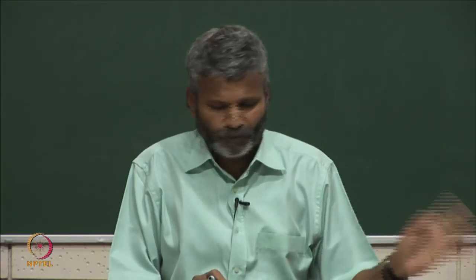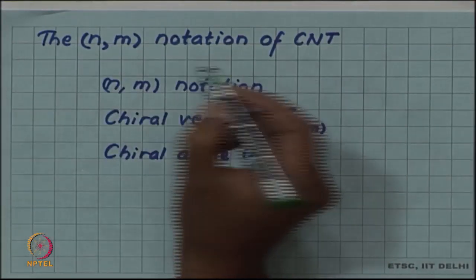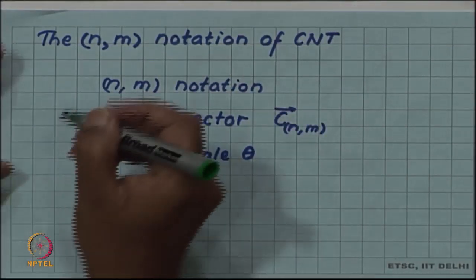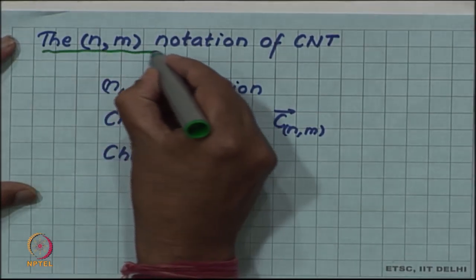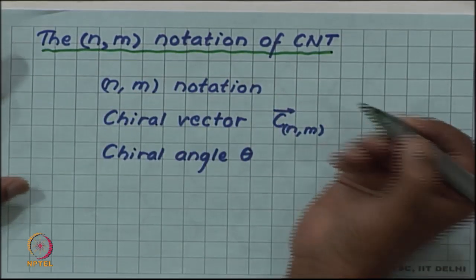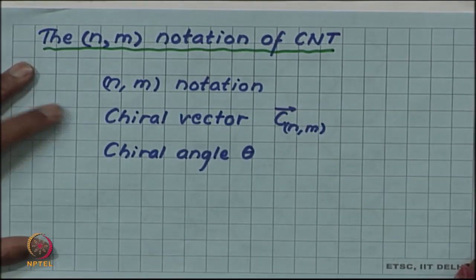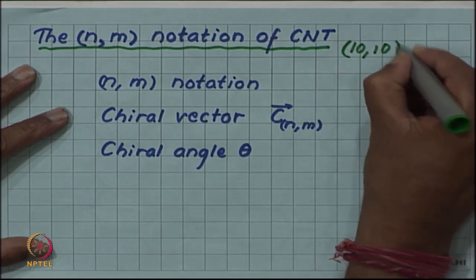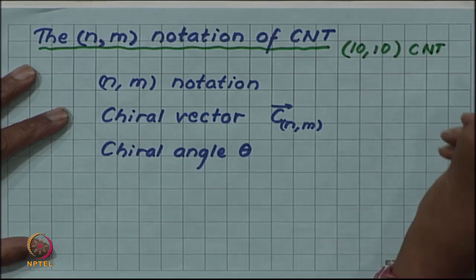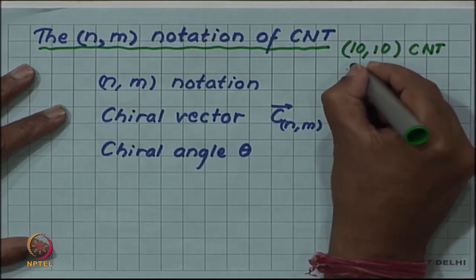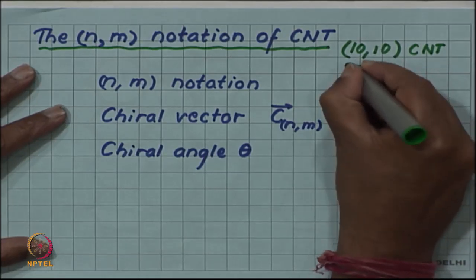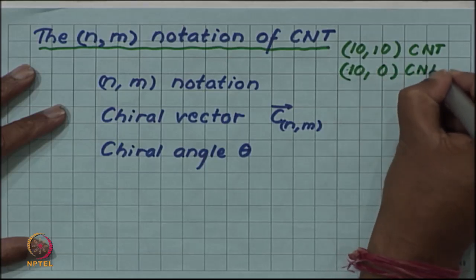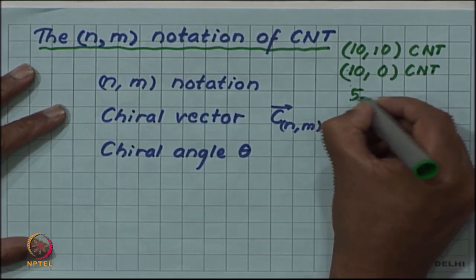So, we will look at these two tubes again in a slightly different and more mathematical way, and for that, the NM notation of carbon nanotube is required. Let us look at the NM notation, because in literature you will find a 10-10 CNT, or a 10-0 CNT, or 5-9 CNT.